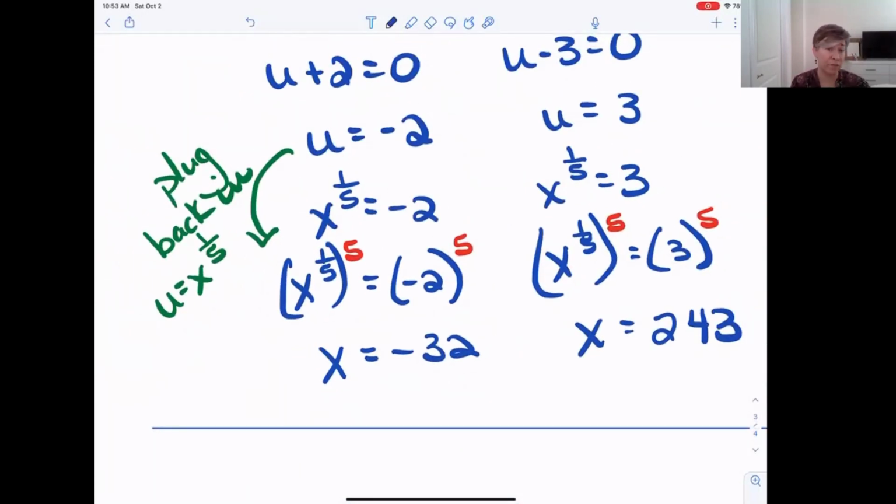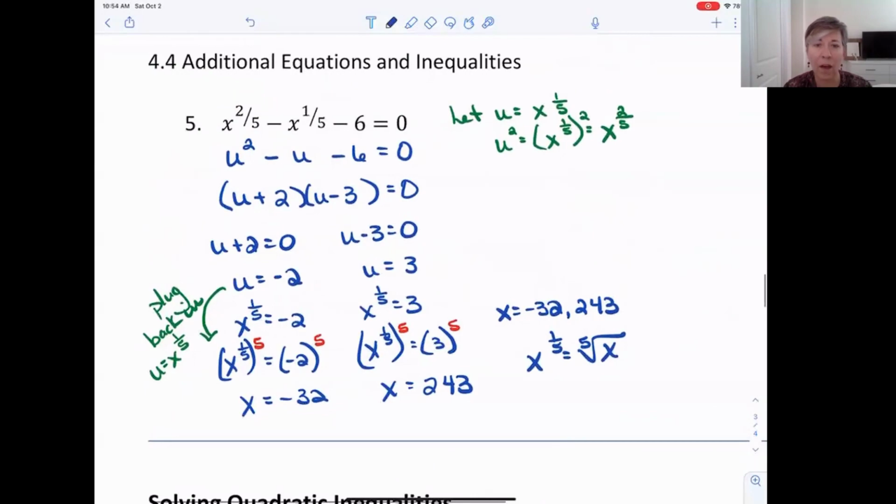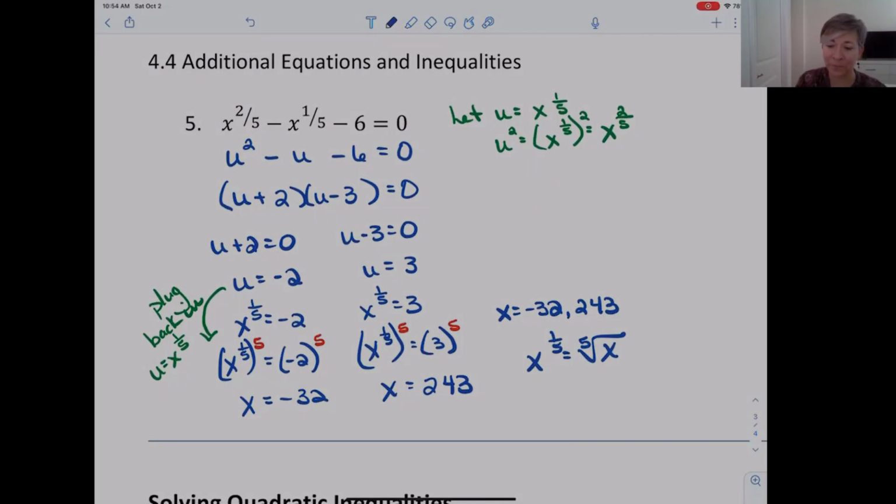If I were to take the 5th root of negative 32, I would get a negative 2 back. It's only the even exponents where we would end up with a positive number. So we can't take a square root or a 4th root of a negative number, but we can take an odd root of any sign.